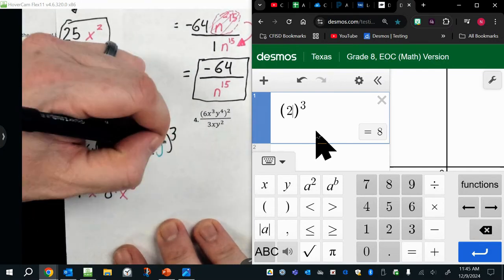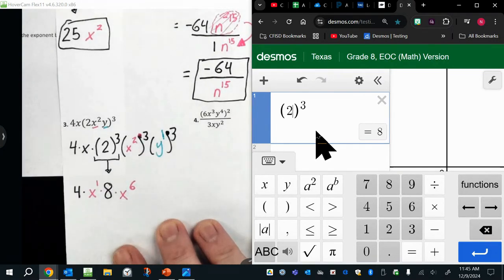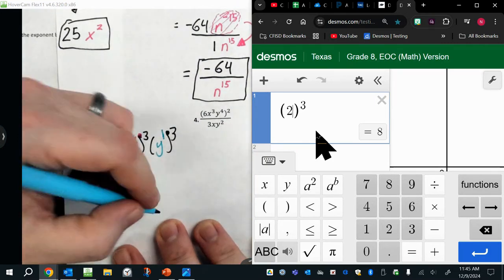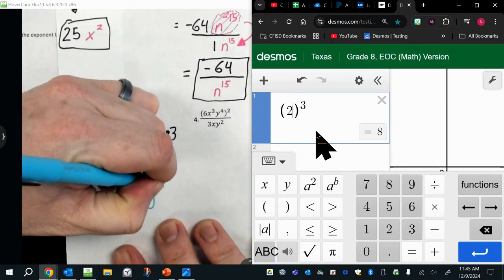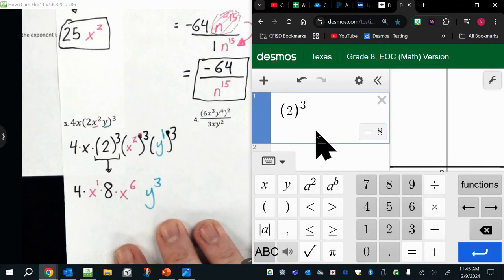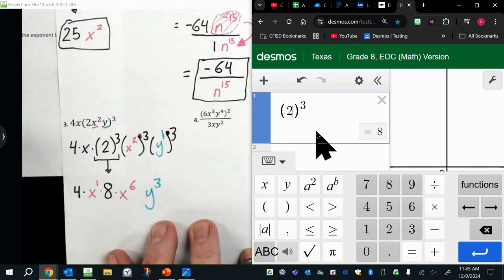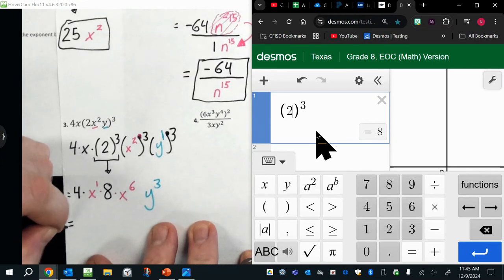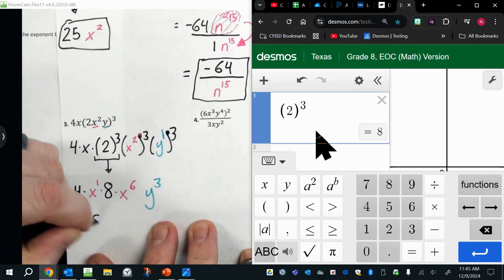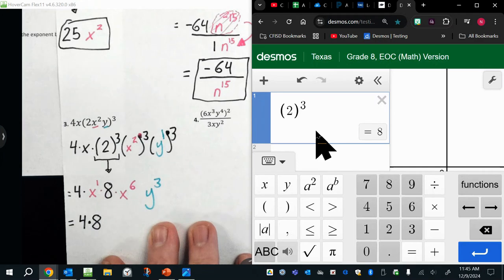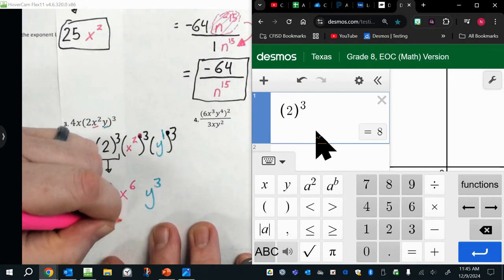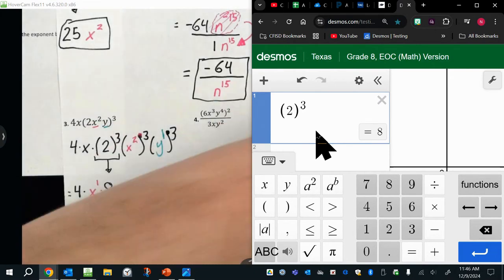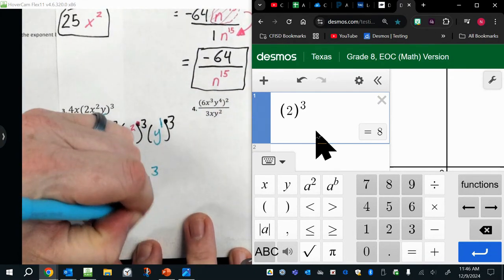And then I'm also going to multiply my 1 and my 3, and that's going to give me y to the 3rd power. So now I'm going to regroup some things. I'm going to put my 4 times my 8 next to each other, my x to the first and add 6 to it, and then I have my y to the 3rd.